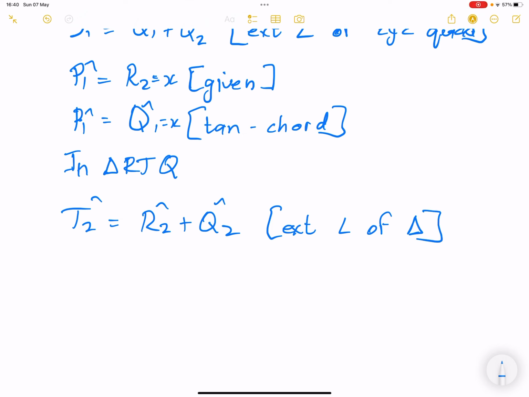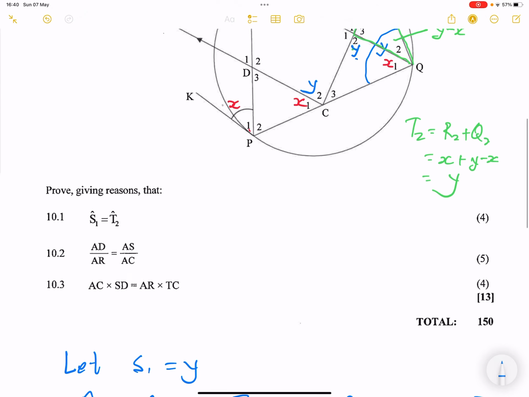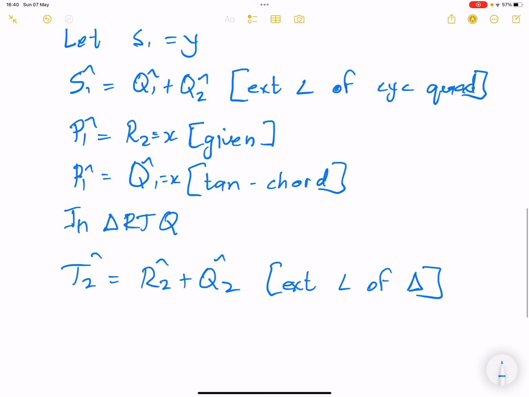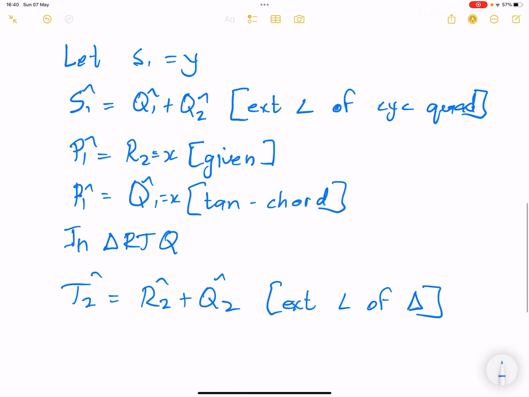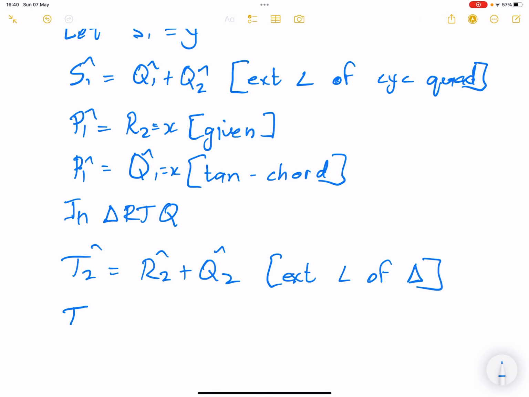Okay, right, now please, I want you to note what I did in this case. Remember, we're trying to prove that T2 is equal to S1, right? So in this case, we said T2 is equal to R2, but remember, we called R2 x, right? So that becomes x, and Q2, remember that Q2 plus Q1 is equal to y, right? But in this case, we're looking for Q2.